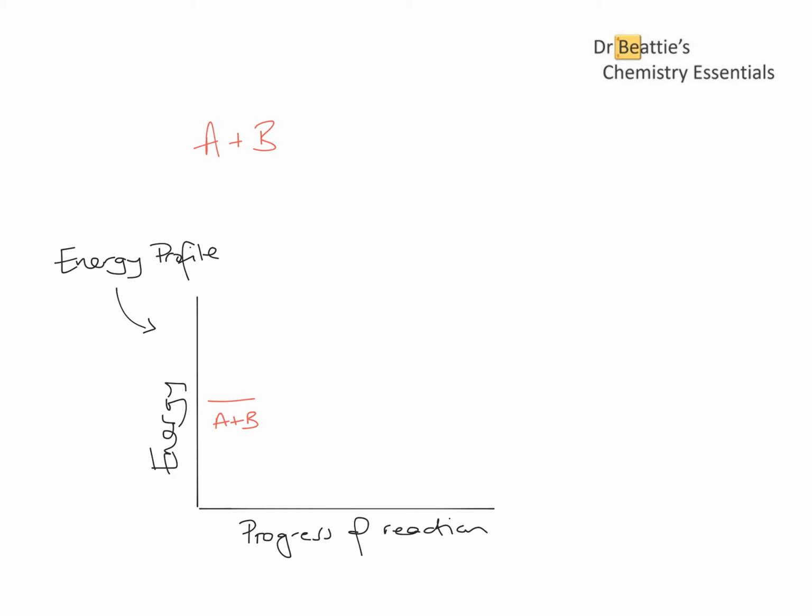Now if we imagine A and B as simple particles, almost like billiard balls or pool balls, and these particles have kinetic energy and randomly can move in any direction. So A could move this way, it could move this way, etc. However, if A and B both move towards each other, then they will undergo collision.